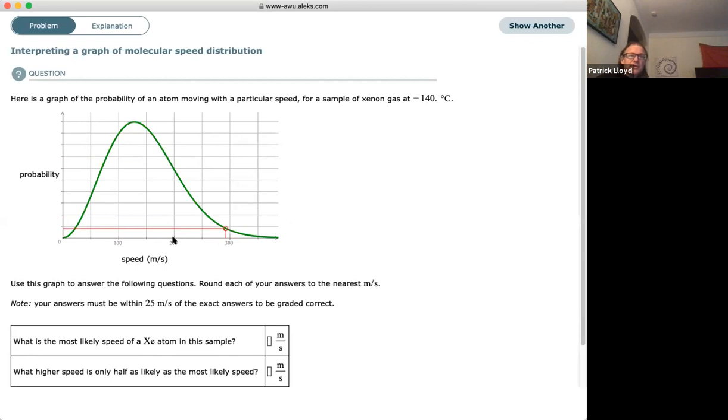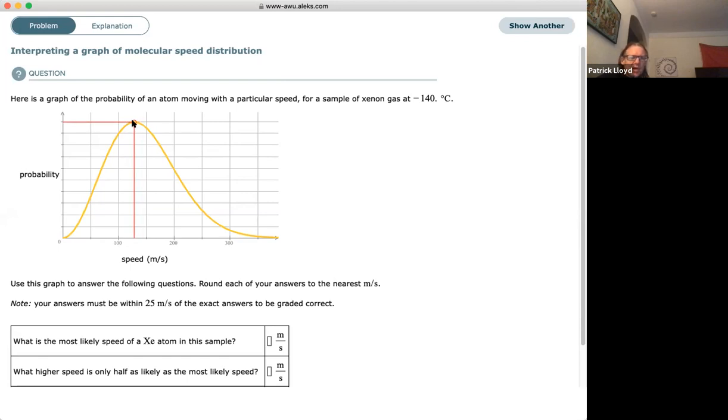So they are moving slower. So the most probable, that's up here, looks like maybe about 130, right? Because it goes 100, 150, 200. So it's right there. Even if you said right there, that would be 125 meters per second. It's pretty much the same around there.